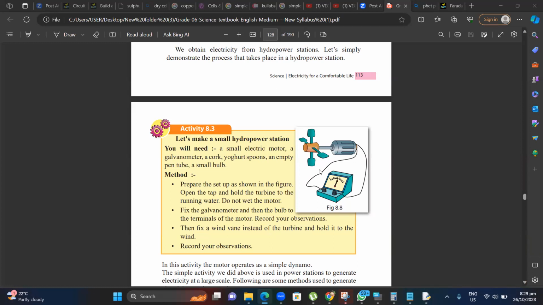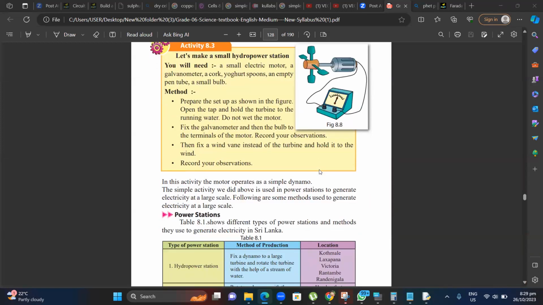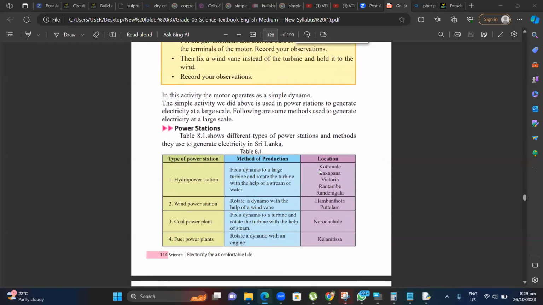Okay, that is it. Right here you can see what power stations are available in Sri Lanka. These are hydropower stations: Kotmale, Laxapana, Victoria, Randenigala.